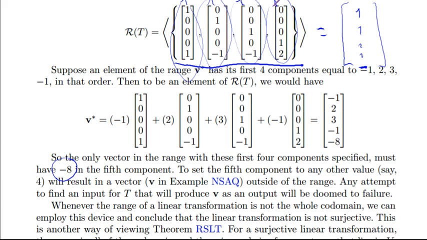What does that mean the fourth component would be? Well, 1 minus 1 gives me 0, minus 1 gives me -1, plus 2 gives me 1. So I know that 1, 1, 1, 1, 1 is in the range. But 1, 1, 1, 1, 0 is not in the range because it can't possibly be a linear combination of these four vectors.